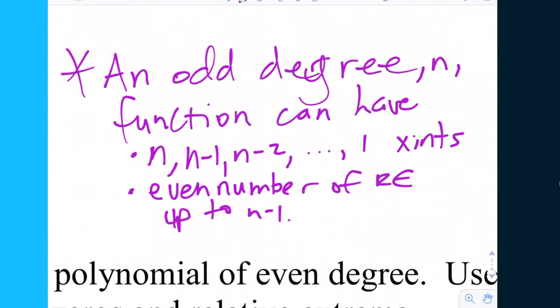Either 10, 8, 6, 4, 2, or 0. That's for an odd degree. An odd degree polynomial can have 1, 2, 3, 4, 5 up to n x-intercepts, guaranteed 1, but an even number of relative extrema down to 0. You can have 0 relative extrema.